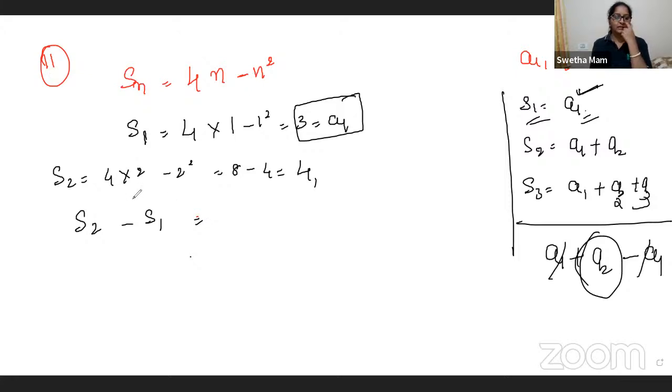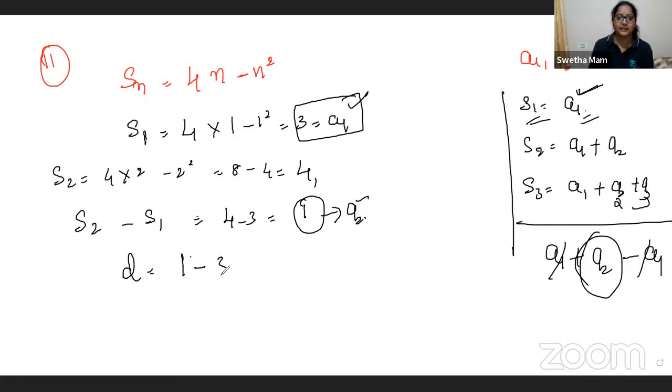A2. So I do S2 minus S1, that is 4 minus 3 is equal to 1. This is A2. Got it? We have A1 and A2, so you can easily find D. D is equal to A2 minus A1, that is equal to minus 2.